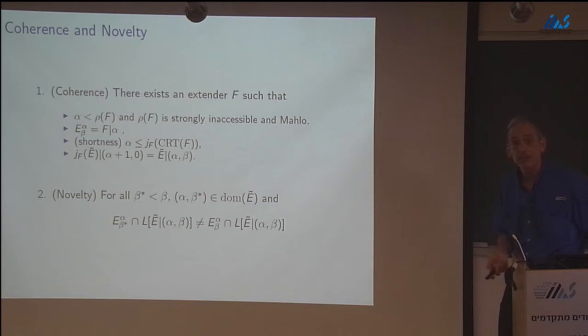You're not allowed to repeat information. So if you're going to put E alpha beta on the sequence, you have to have distinguished it from all the extenders already on the sequence by sets that have already been constructed. Okay, that's what this is saying. It's blocking coding, the way you might code information into the model.